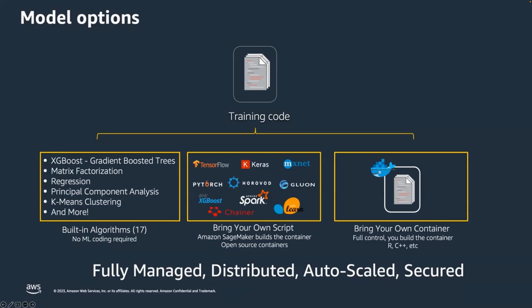You can do regression, principal component analysis for feature reduction, k-means clustering, and many more. There are also, for example, algorithms for computer vision, time series forecasting, and natural language processing. But if those algorithms aren't good enough for you, you can bring your own script.